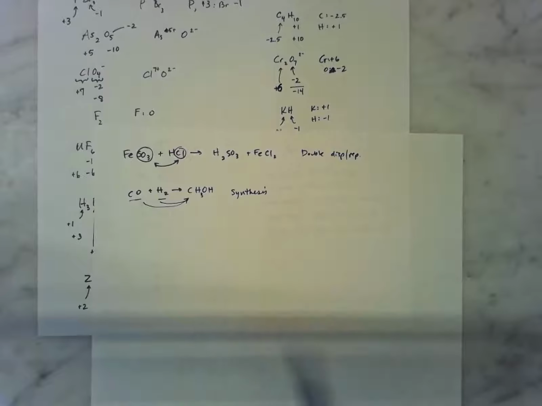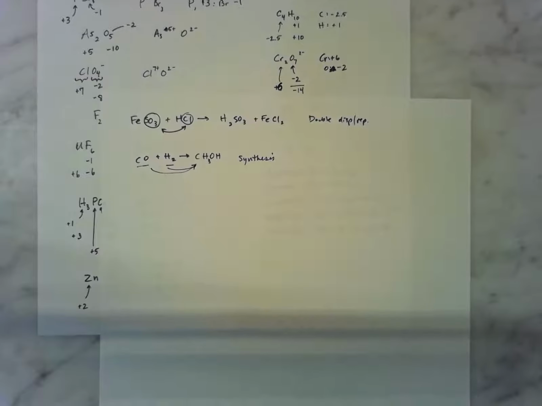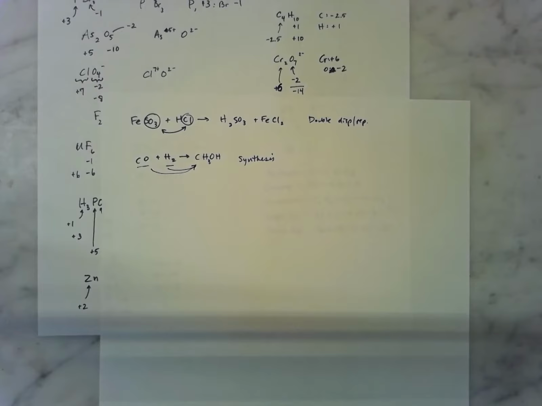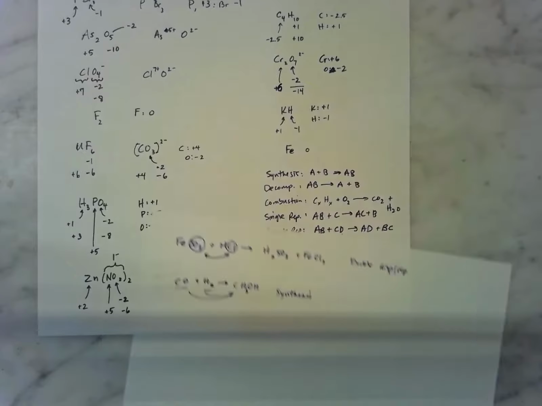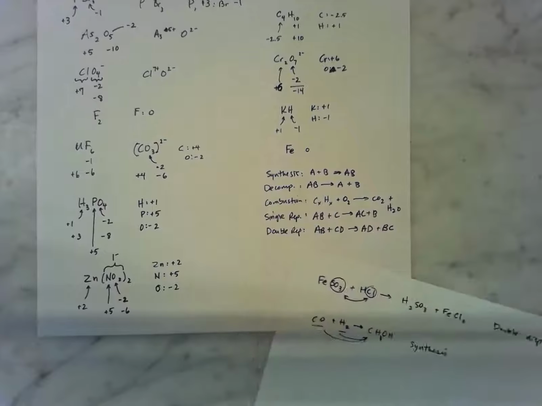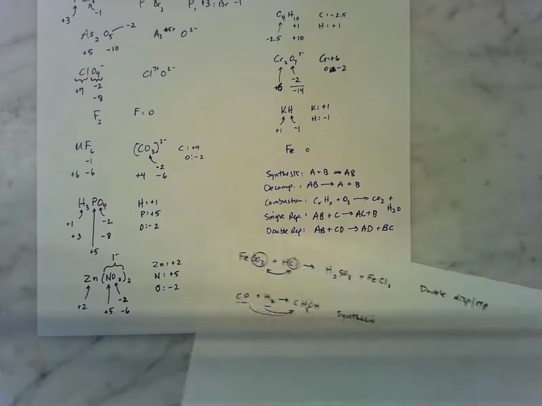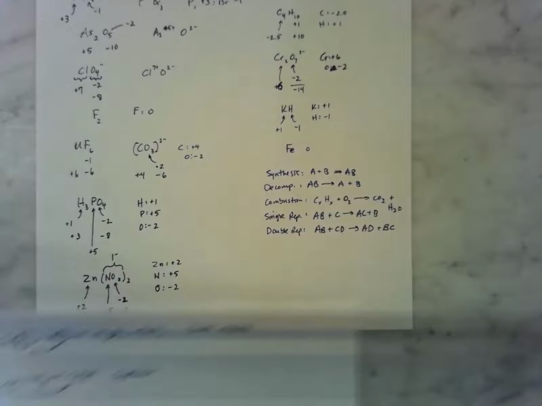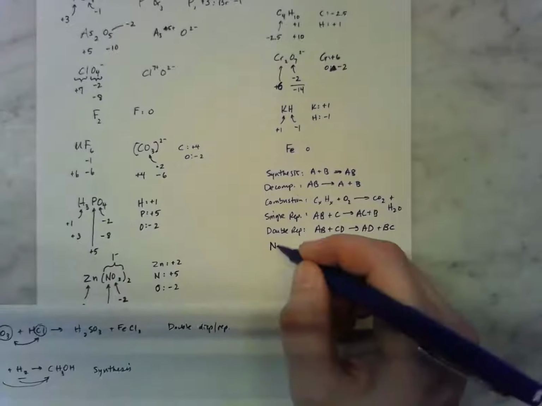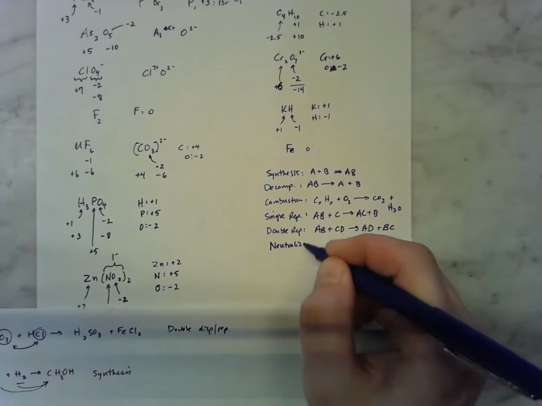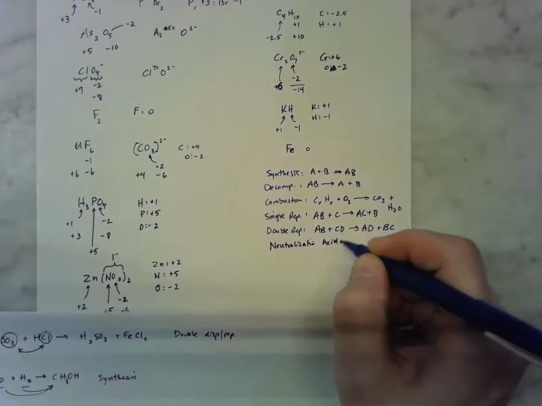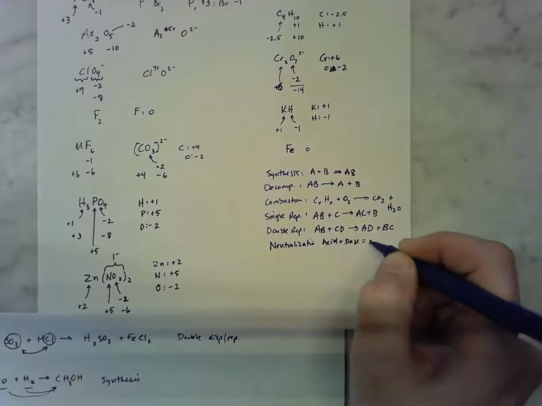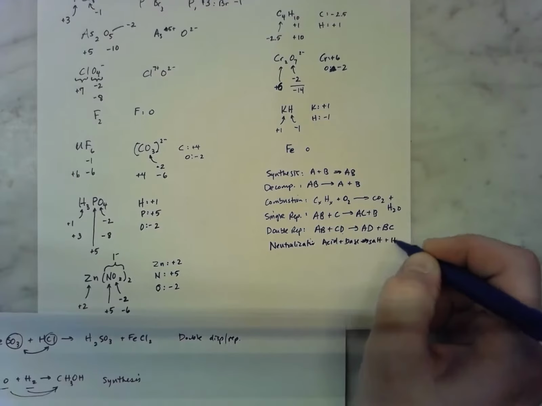Okay, and of course there are all sorts of different types here, and again, as you study chemistry later in your life, you'll see that there's more complexity to this, but you're really only picking from these 5 for right now. Okay, and we've also got acid neutralization. Acid plus base goes to a salt plus water.